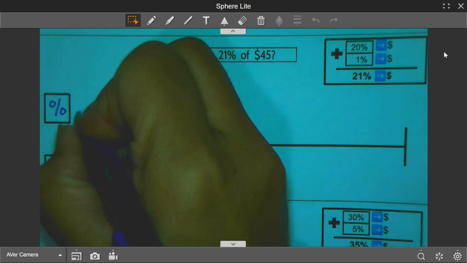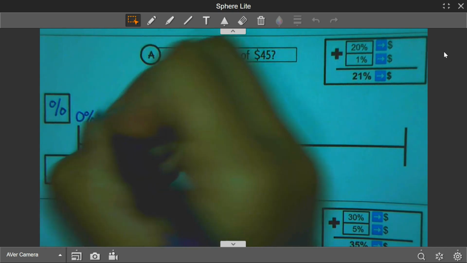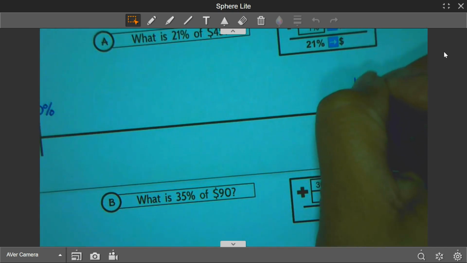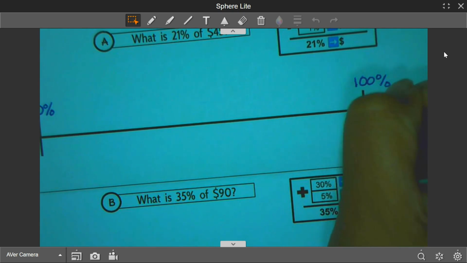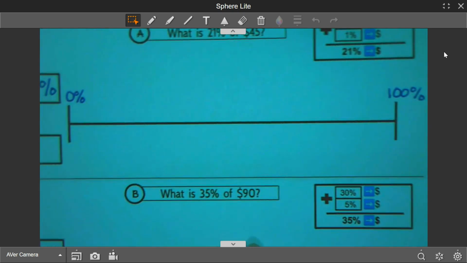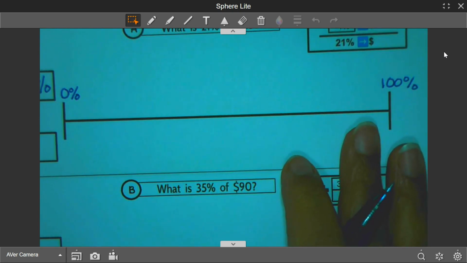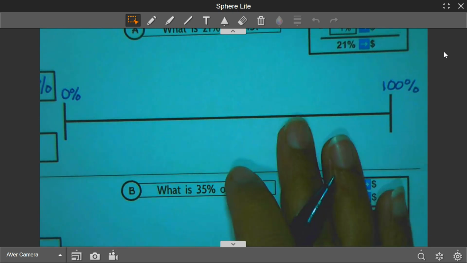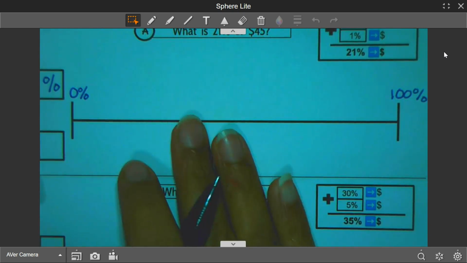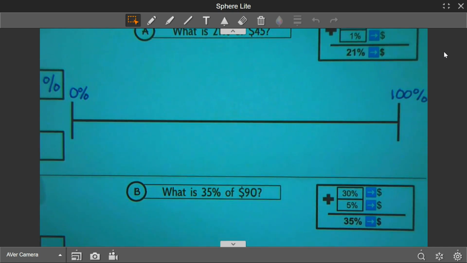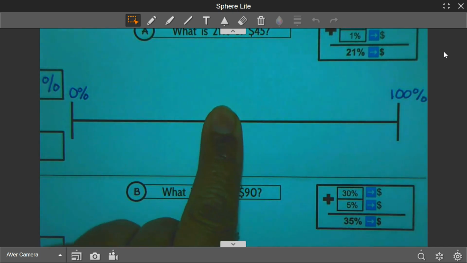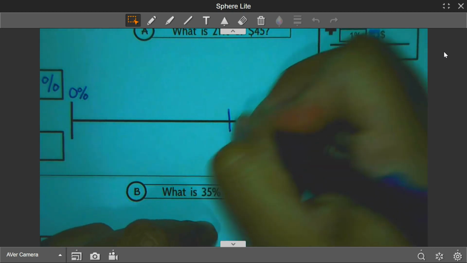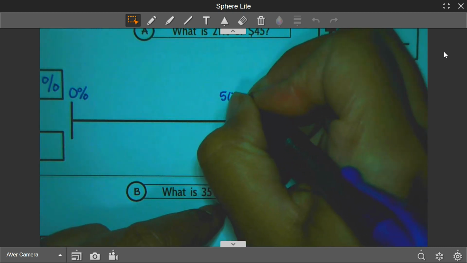So I have 0% and I have 100%. Now to go from 0 to 100, we're going to go by tens, and we need to try to space it out as evenly as possible. So the halfway mark would be a good start. That would be 50%.